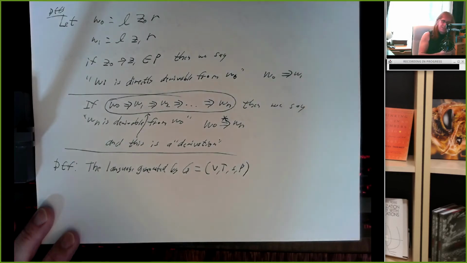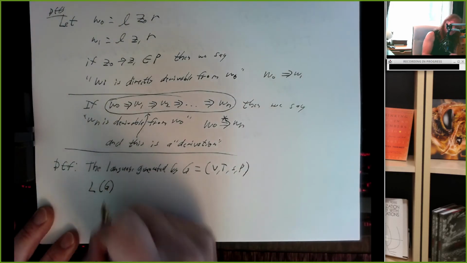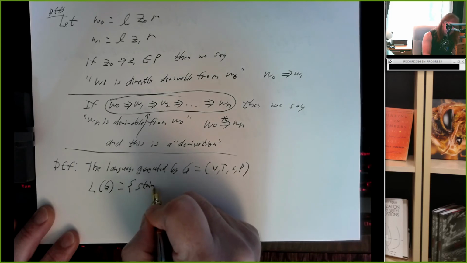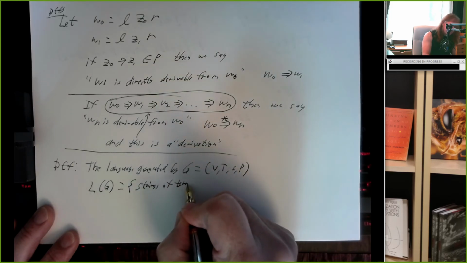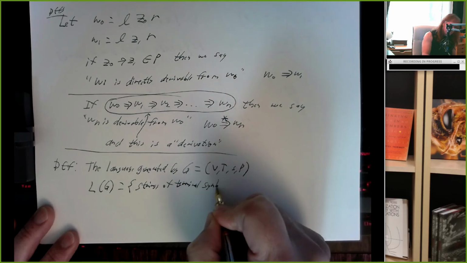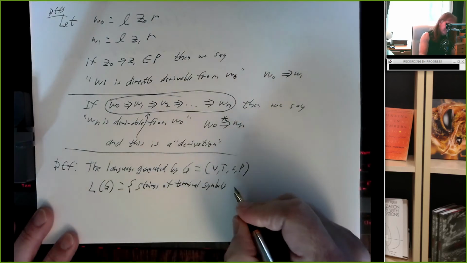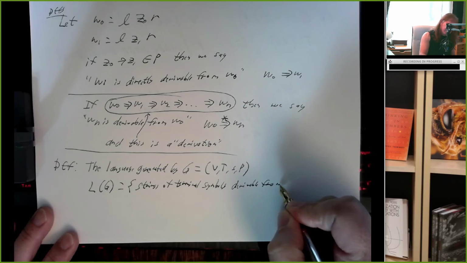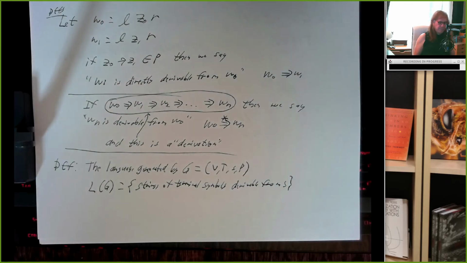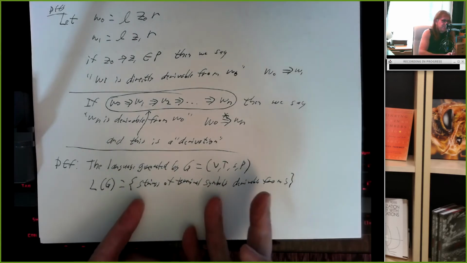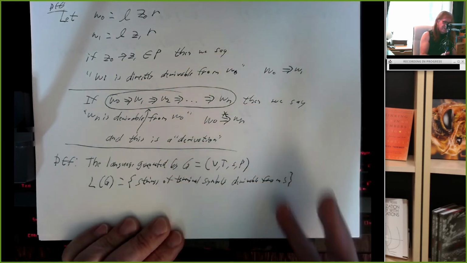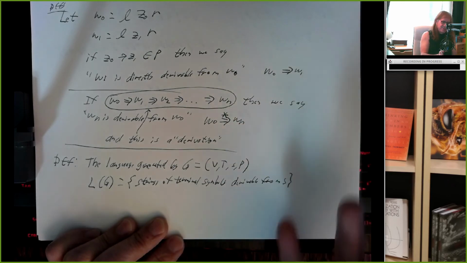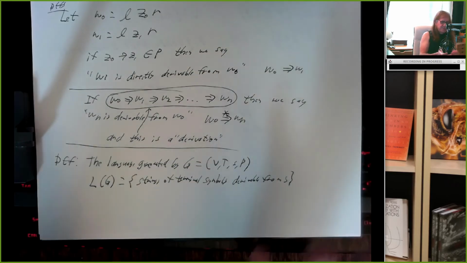The language generated by G, which we just write as L of G, equals the set of all strings of terminal symbols which are derivable from S. All collections of terminal symbols in the form of a string that can be derived from the start symbol. That's exactly the same thing as saying start with a start symbol, apply production rules until you get to a string just made up of terminal symbols.